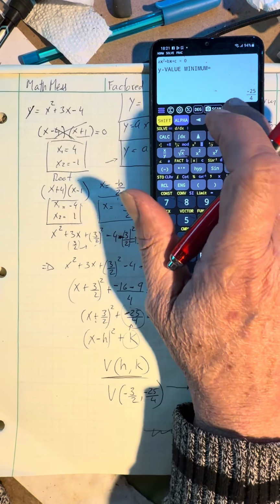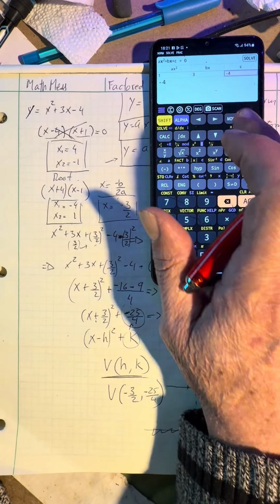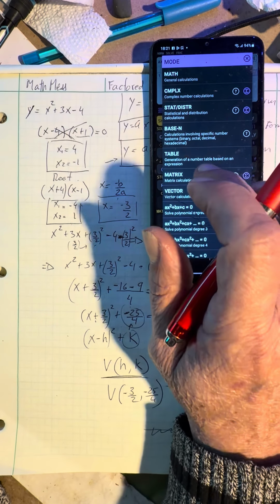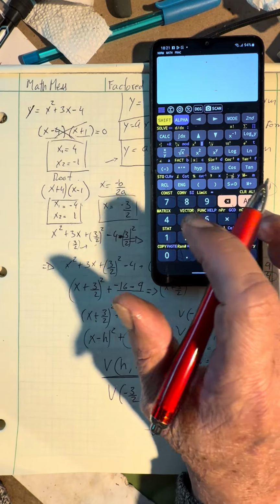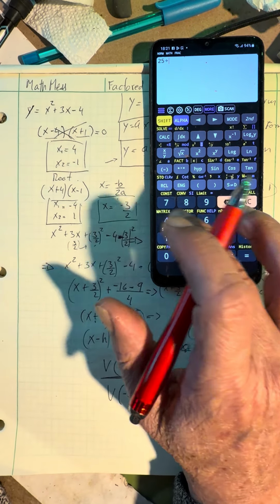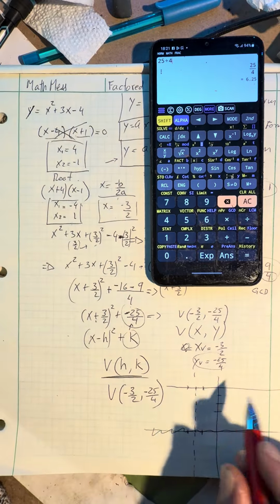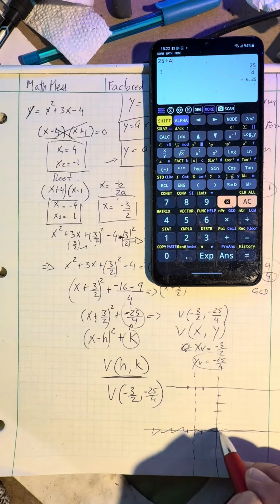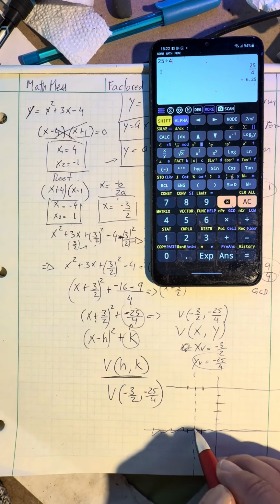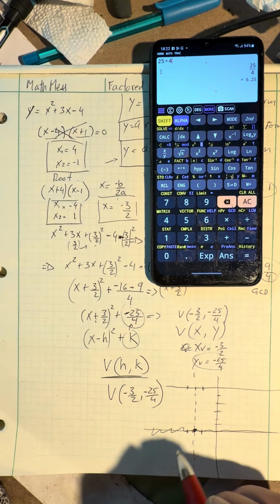Let's go to mode, let's go to mode math. And if we divide 25 divided by 4, we get about minus 6. So 1, 2, 3, 4, 5, 6. So that's one point.